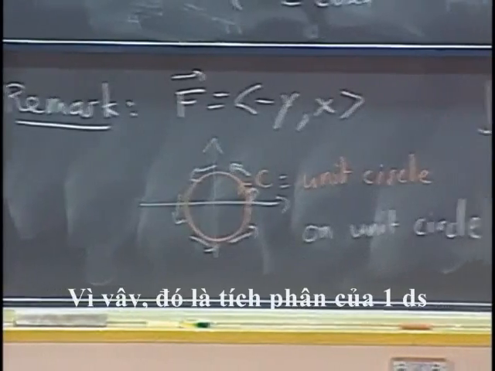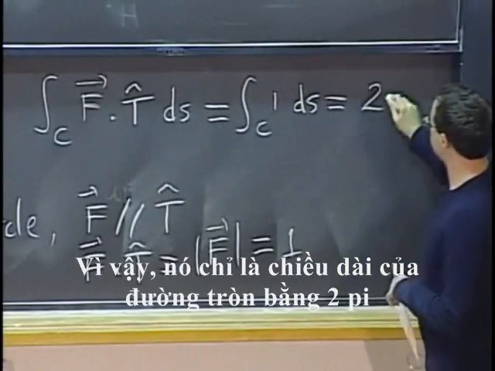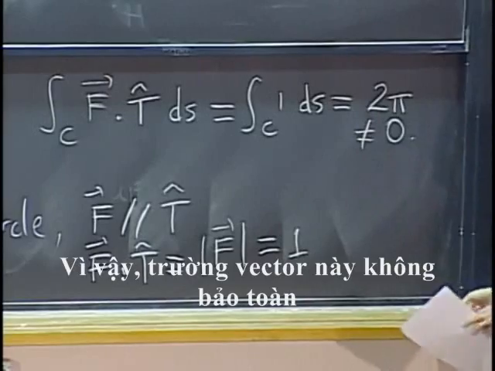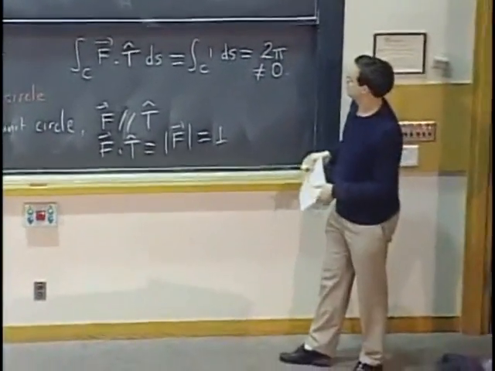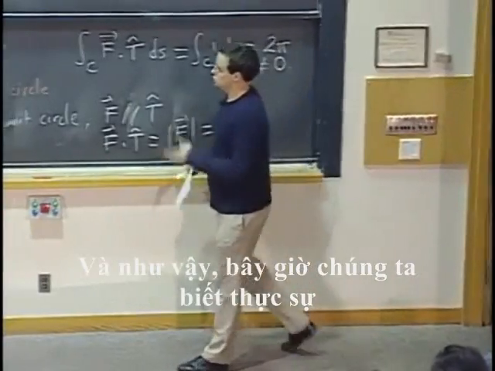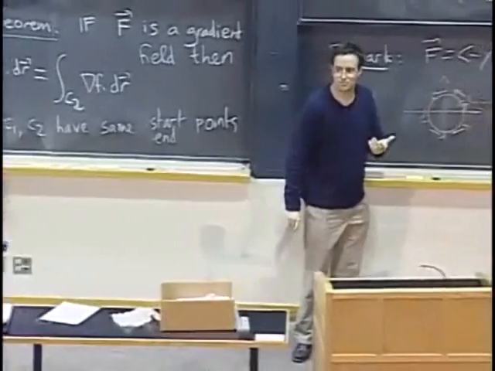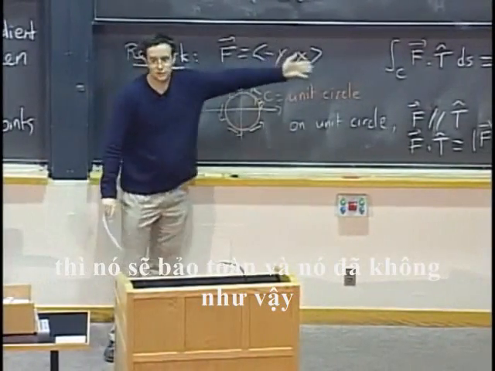So that's the integral of 1 ds, so that's just the length of a circle, that's 2 pi. And 2 pi is definitely not 0. So this vector field is not conservative. And so now we know it's not the gradient of anything. Because if it were a gradient, then it would be conservative, and it's not.